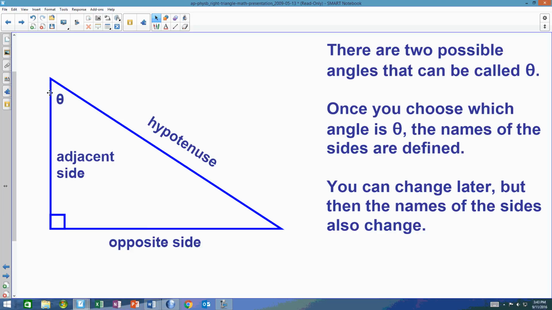If I choose this as my angle, the opposite side is the x piece, and the adjacent side is the y piece. So you have to be careful about which angle you're being given as to whether you have sine theta associated with the x or the y component of your vector quantity.